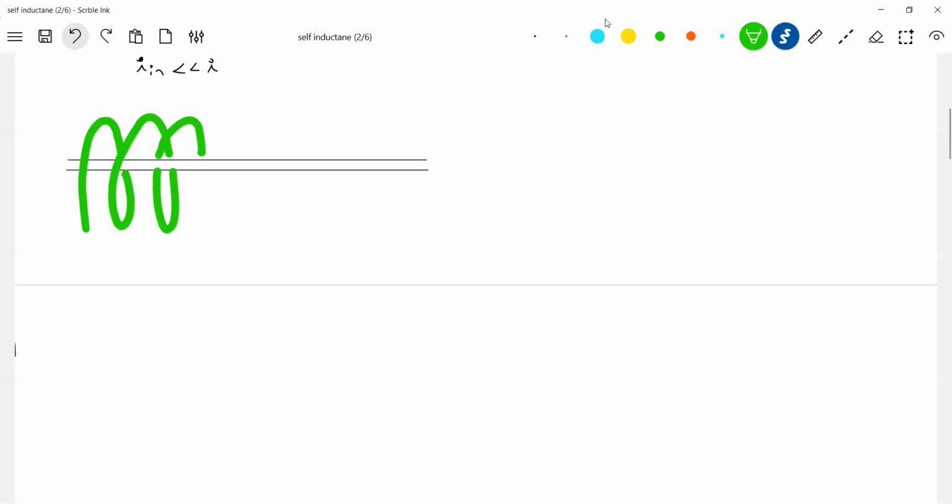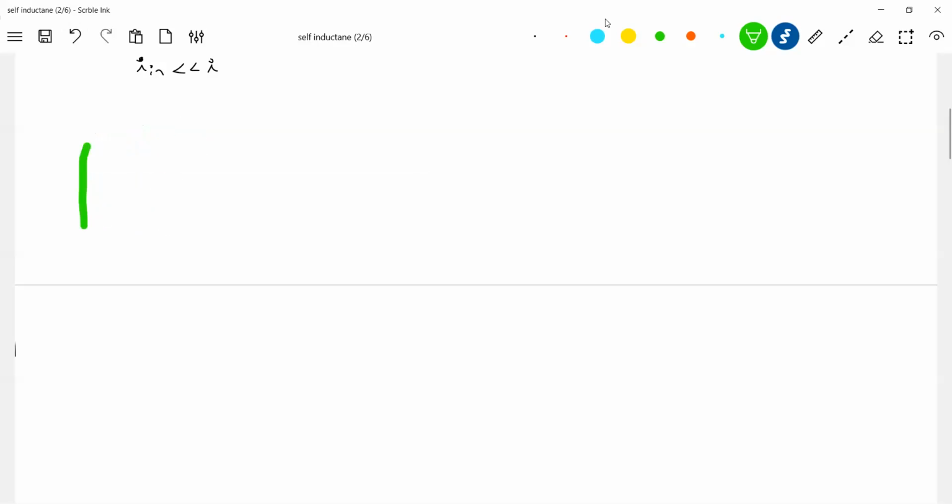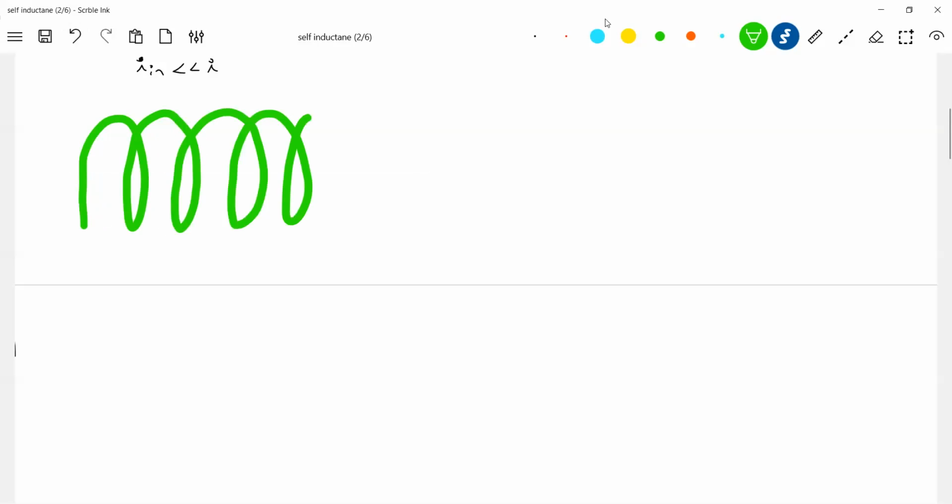It looks very awkward. We'll go back to the same earlier method. The same coil, now I'm going to send a decreasing current.